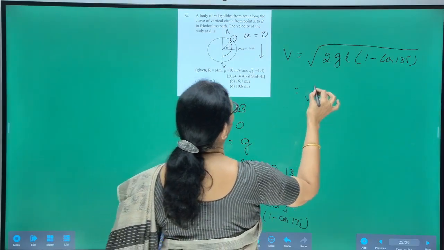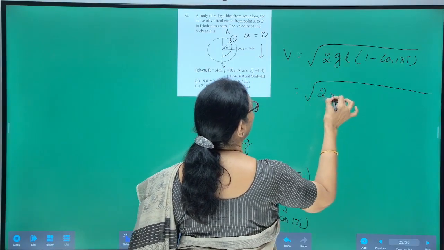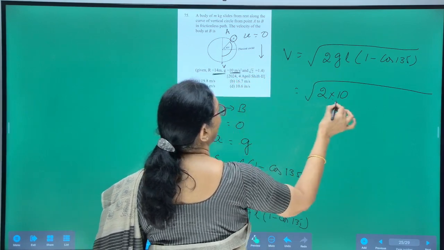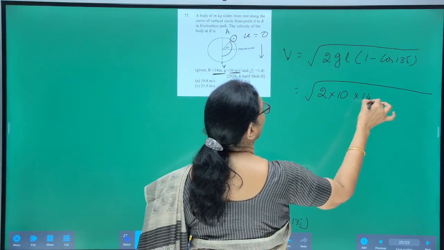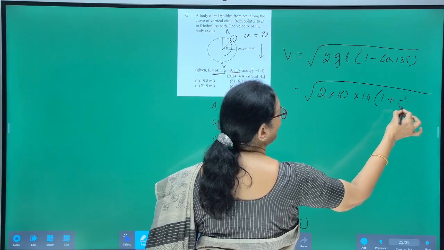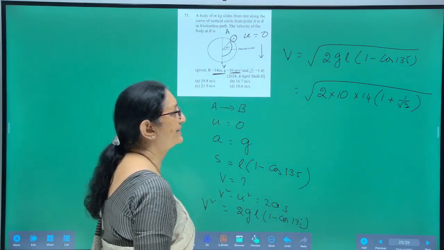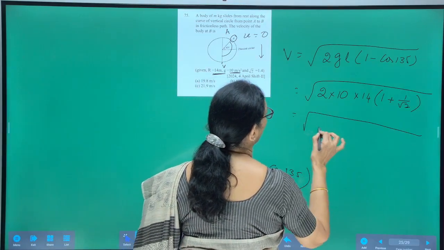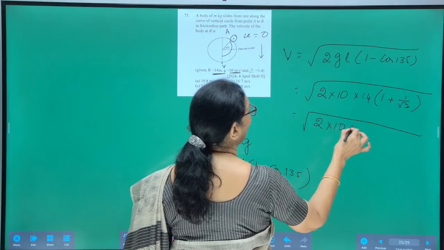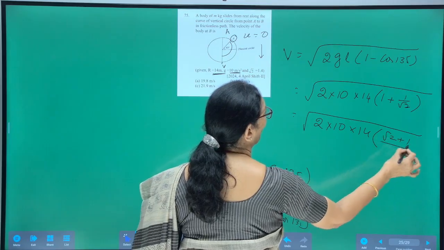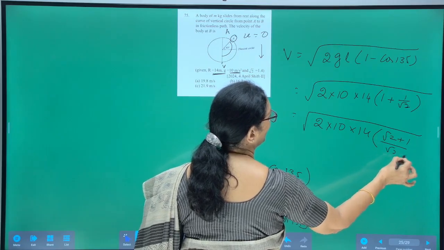It is the square root of 2, g is given as 10 here, radius is given as 14, and 1 minus cos 135 is 1 plus 1 by root 2. So, this is the square root of 2 into 10 into 14 into root 2 plus 1 by root 2.